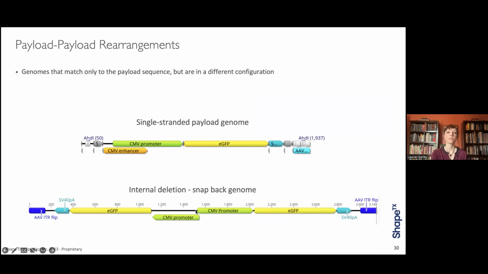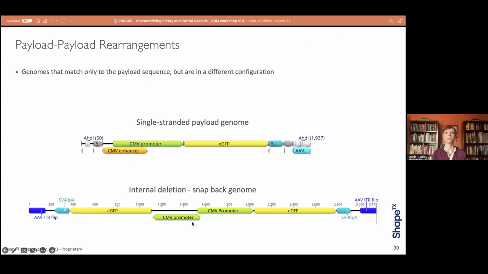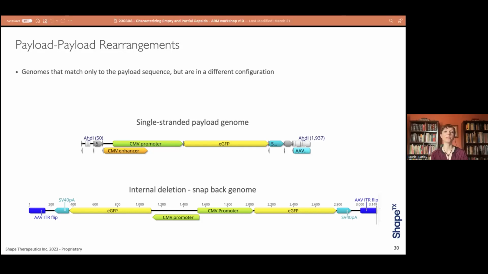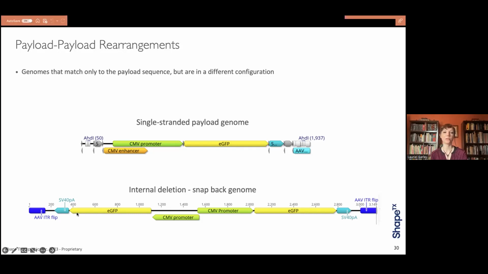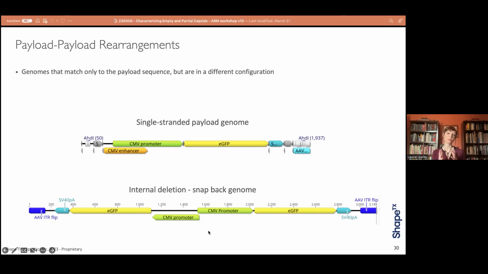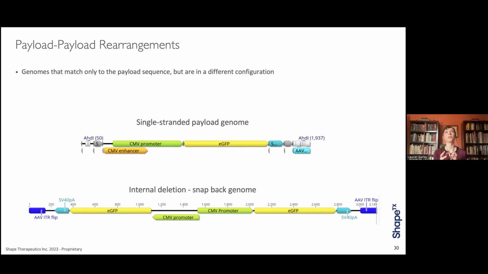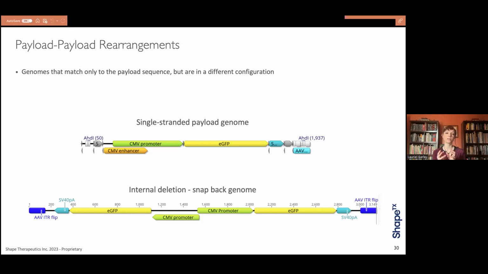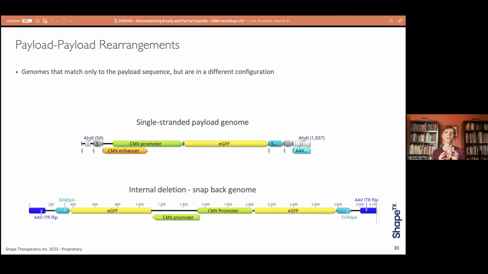You can also look at things that appear to be internal deletions, what we in the field have been calling snapback genomes. And the hypothesized way that these form is that you have replication starting at your ITR, and then you're replicating through your genome. And at some point in time, you hit a naturally occurring hairpin in an area of sequence, like a difficult sequence to copy through, that causes stalling of the replication machinery that can reorient it back onto the strand that it was just copying.